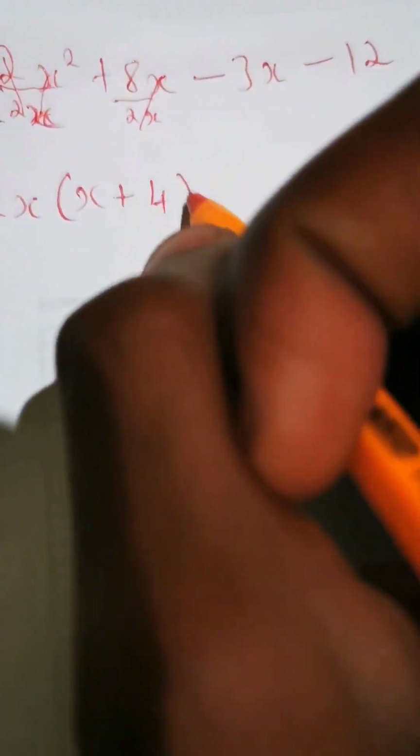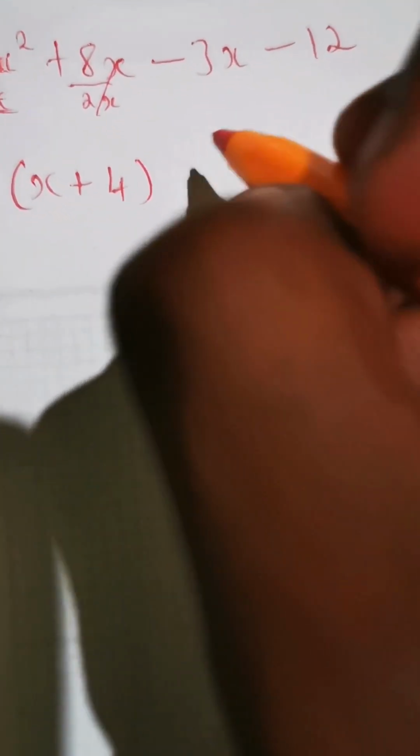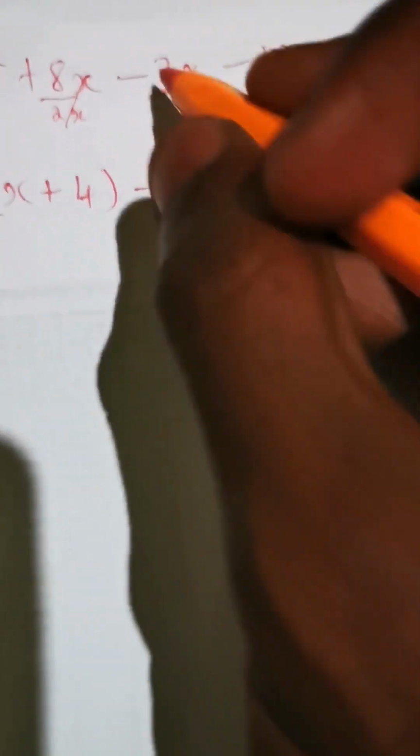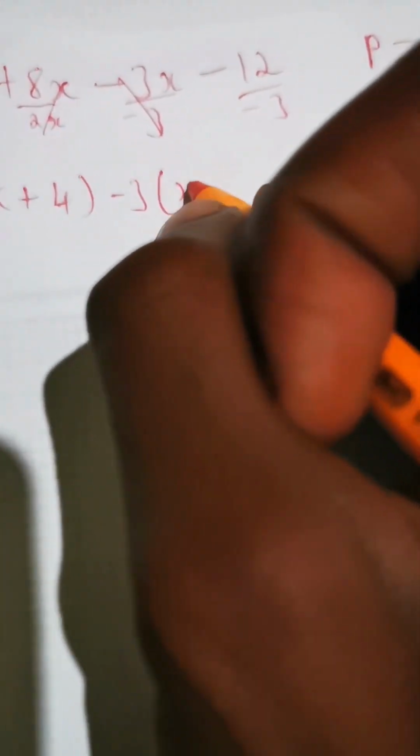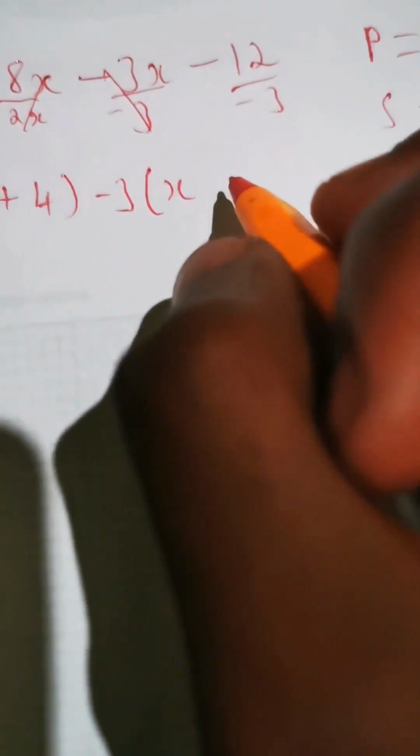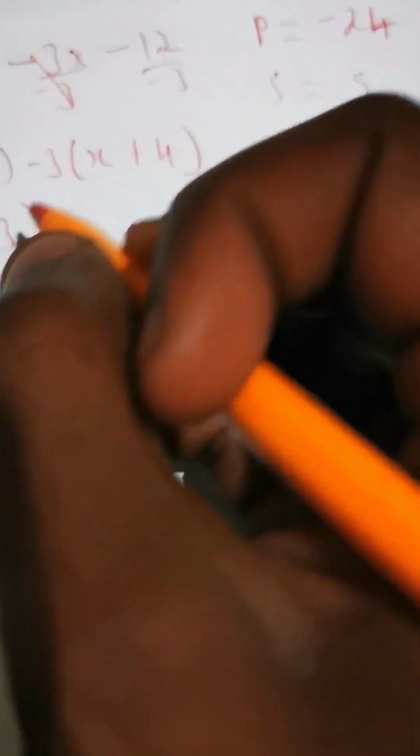Then here what is common is negative 3, so when you divide by negative 3 here, it will give you x, negative and negative getting a positive, then 4. Then you put 2x minus 3 in the brackets, then x plus 4.